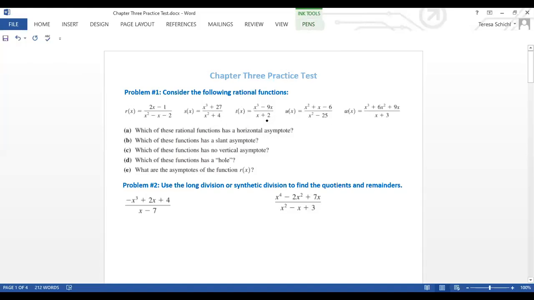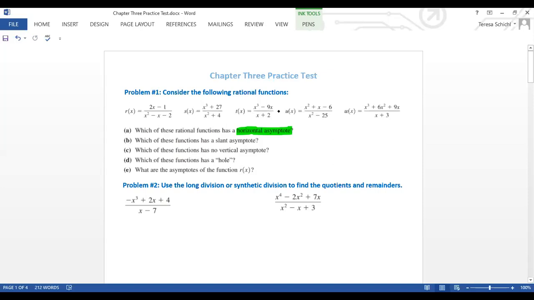It says consider the following rational functions. Which of these rational functions has a horizontal asymptote? We are looking for the horizontal asymptote, which means when x approaches infinity or negative infinity, we check whether the limit exists. You compare the degrees of the polynomials in the numerator and denominator.